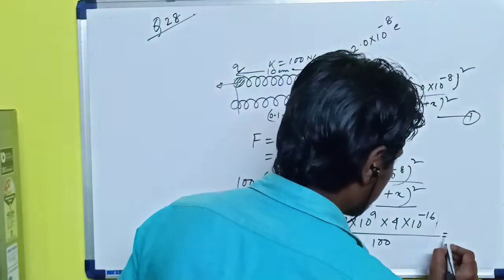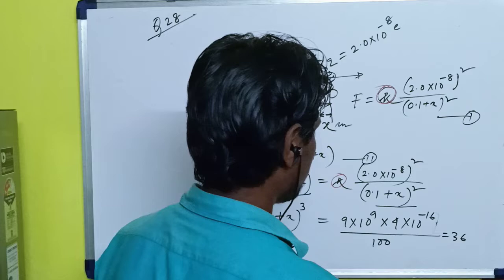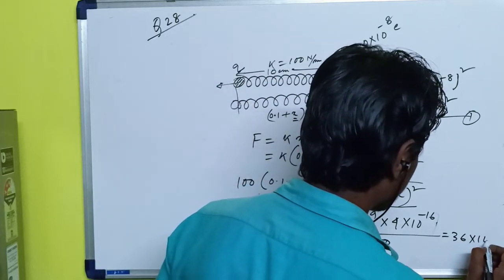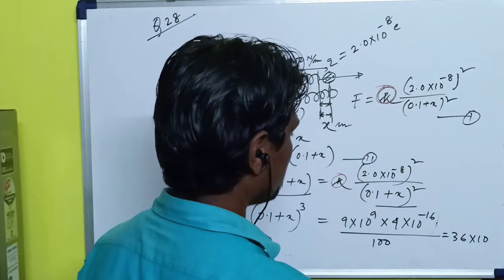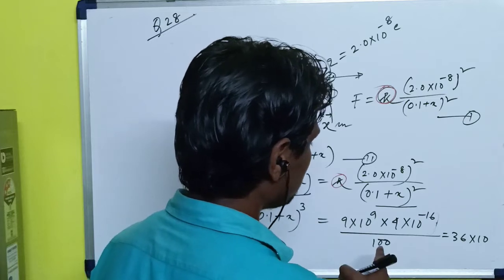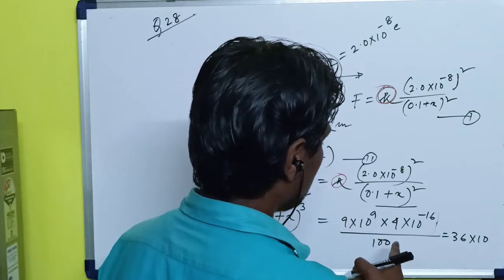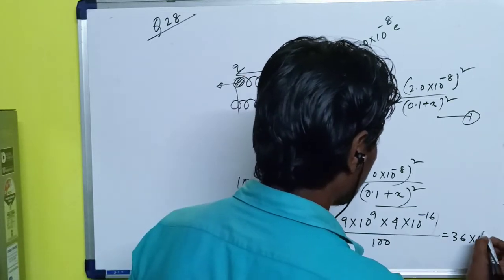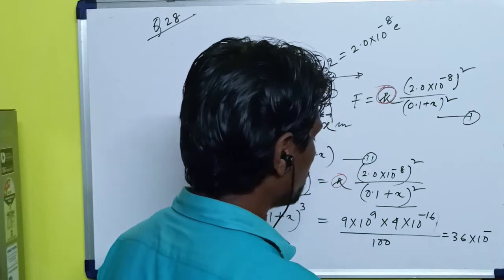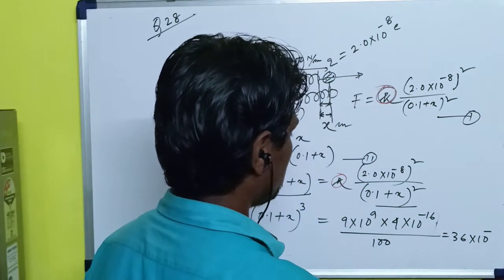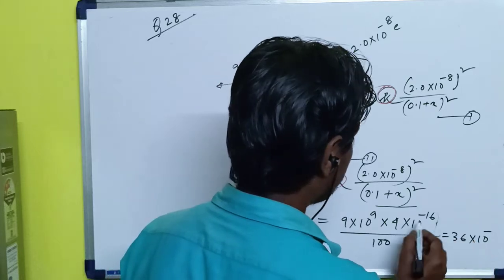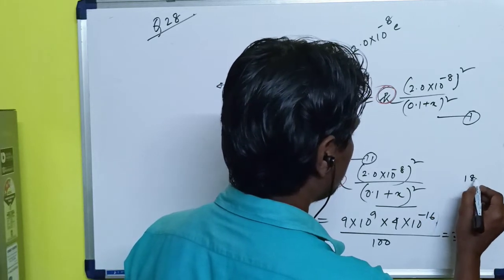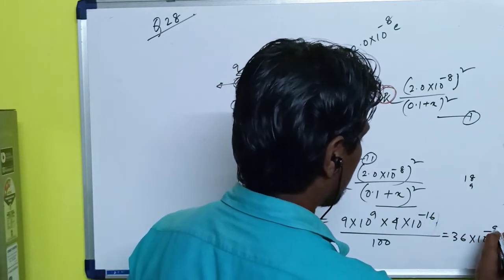So 36 into 10 to the power minus 16 over 2, and 10 to the power 16, 18 minus 9, so 9.